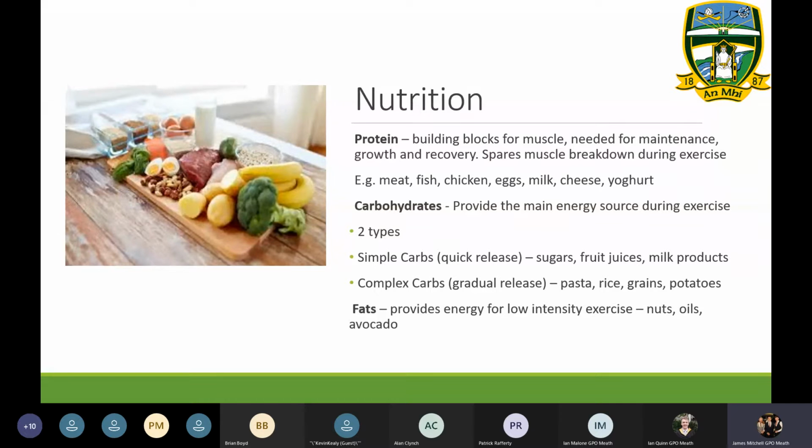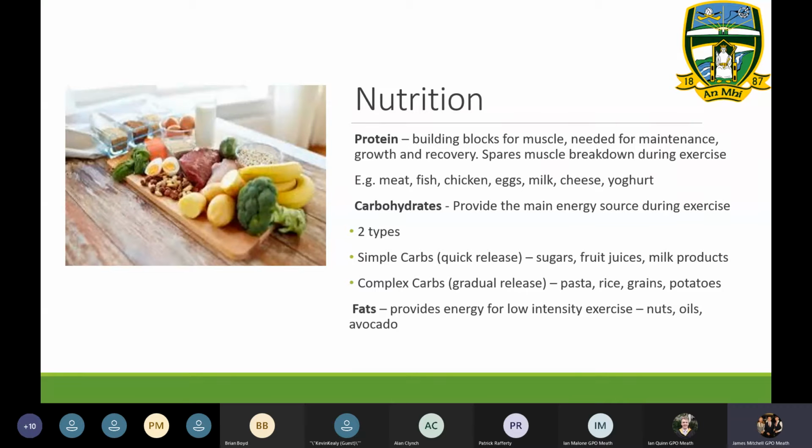They're needed for maintenance, growth and recovery, and during exercise to spare muscle breakdown. I'll go into a little bit more detail about when we should be taking protein and how much we should take, but that's the first main macronutrient that's important to understand.